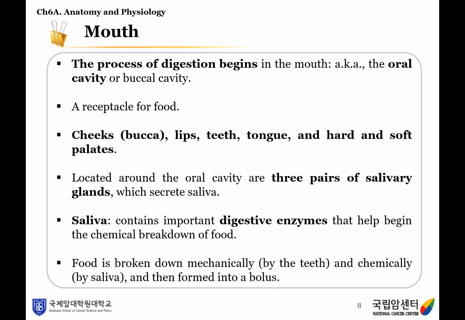Located around the oral cavity are three pairs of salivary glands which secrete saliva. The saliva contains important digestive enzymes that help begin the chemical breakdown of food. The food is broken down mechanically by the teeth and also chemically by saliva, and then formed into a bolus.